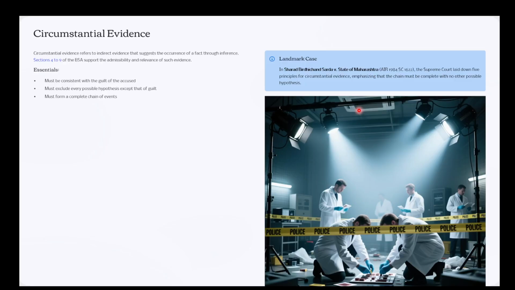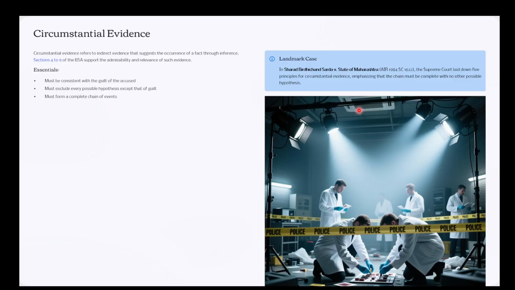So what is circumstantial evidence? We'll see. Circumstantial evidence refers to indirect evidence that suggests the occurrence of a fact through inference. Sections 4 to 9 of the BSA support the admissibility and relevance of such evidence.